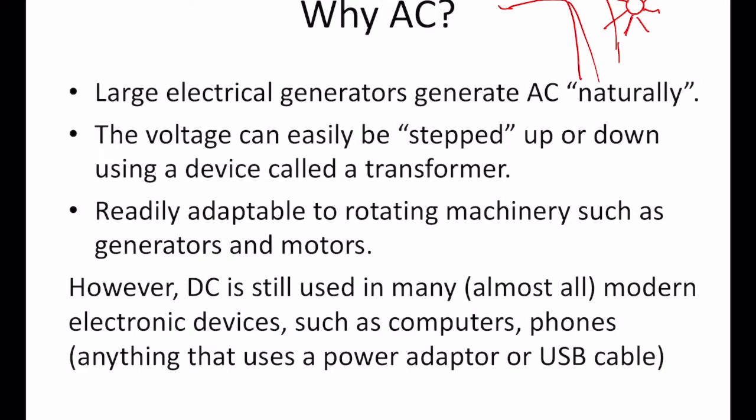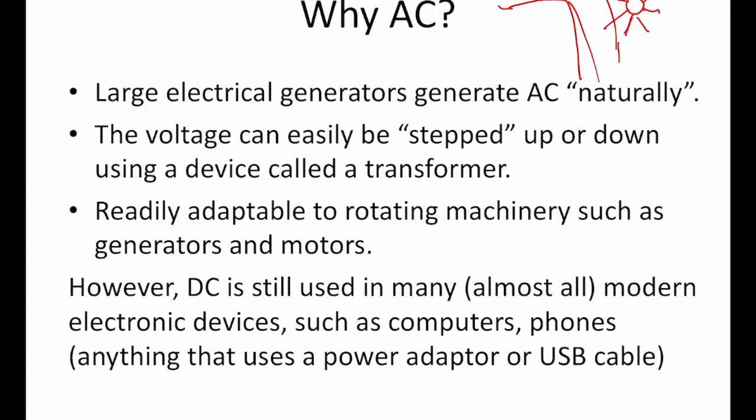Another tremendous advantage of AC is that it's very easy to step up or step down the voltage of an AC source using a transformer. A little later in this chapter, we will see how to do that and why that is useful. And the third thing is that AC is more readily adaptable to rotating machinery such as generators and motors. Okay.